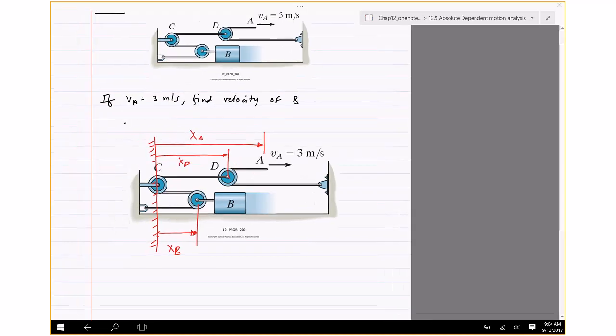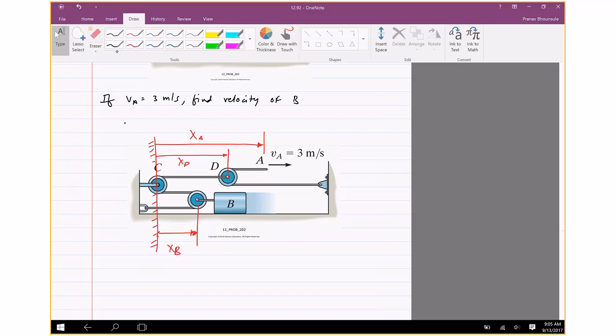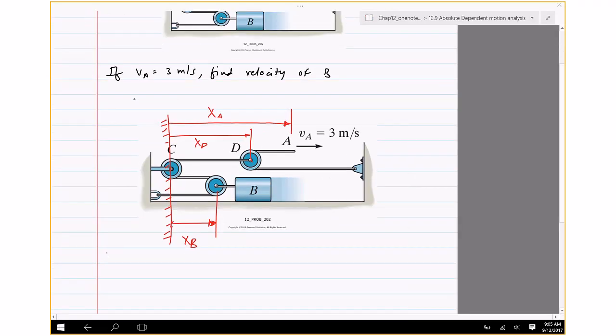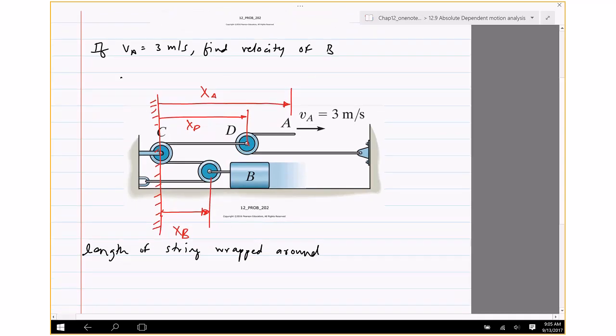Okay, so the fourth step in the algorithm is to find the length of the string, since the string is inextensible. So the length of string wrapped around pulley B, C, D, which generally indicates this length.